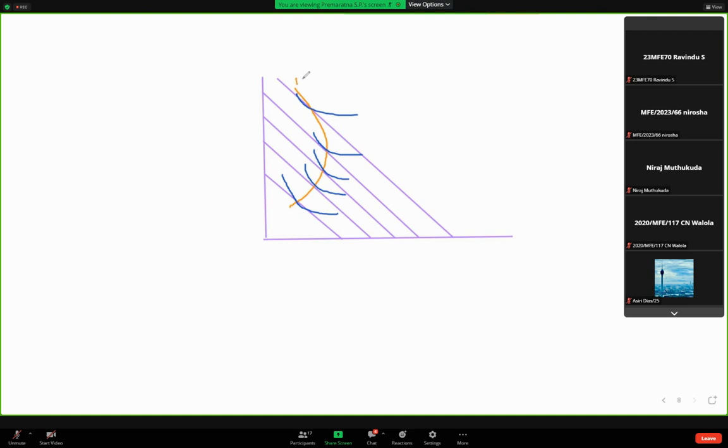With the ICC, can you draw the Engel demand curve and try to identify what type of good it is?